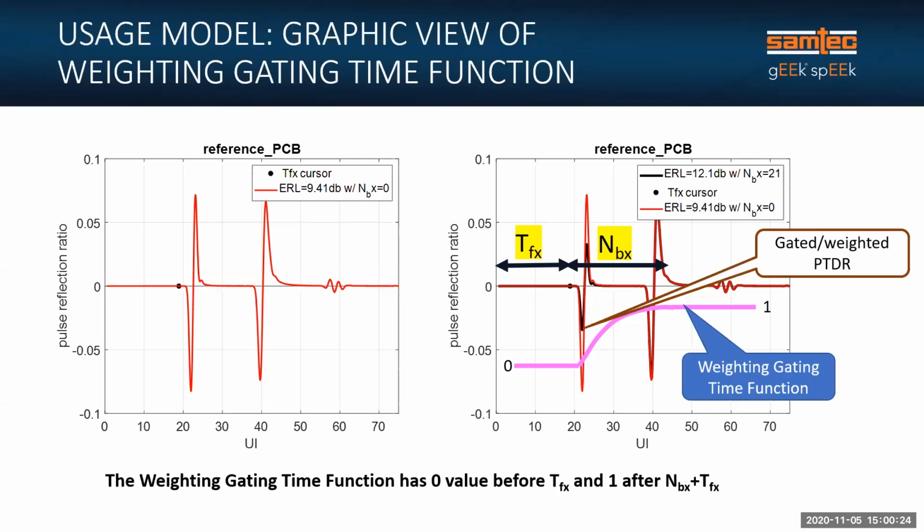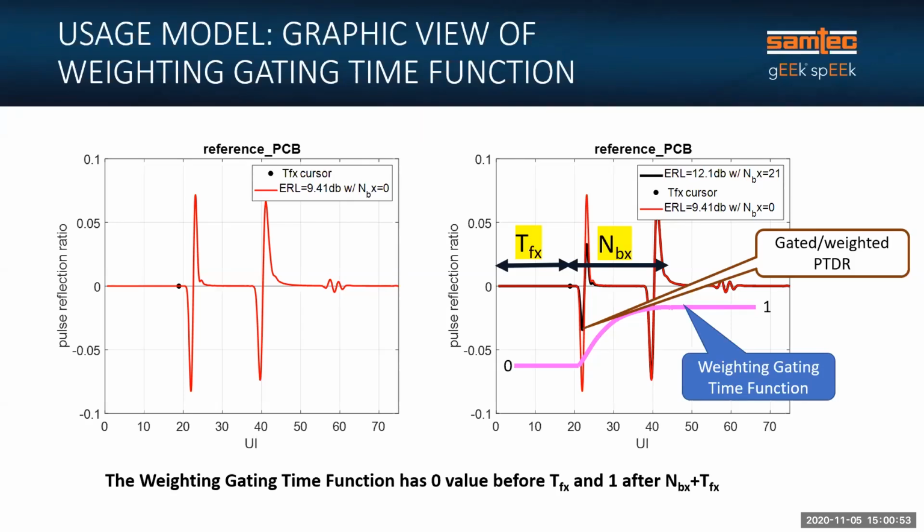This is what it needs to look like to be able to comprehend both the loss and the reflection. So what happens is, when I multiply in time the magenta times the red, I end up with the darker red. Or maybe it's a black there. It looks like a black function, I guess.